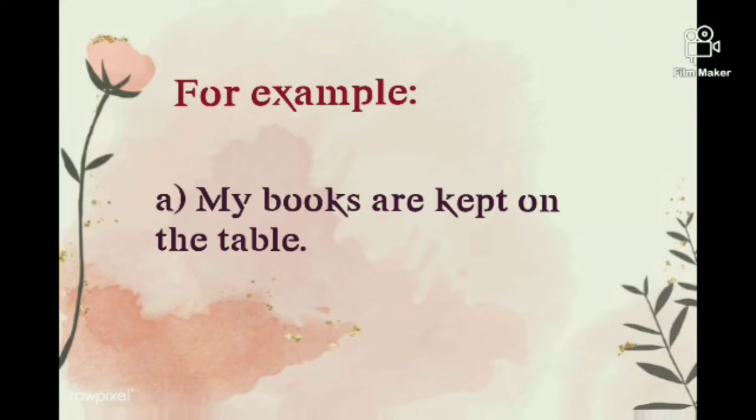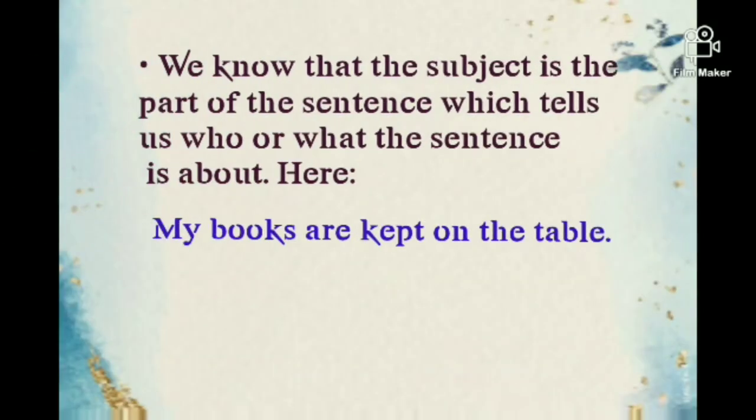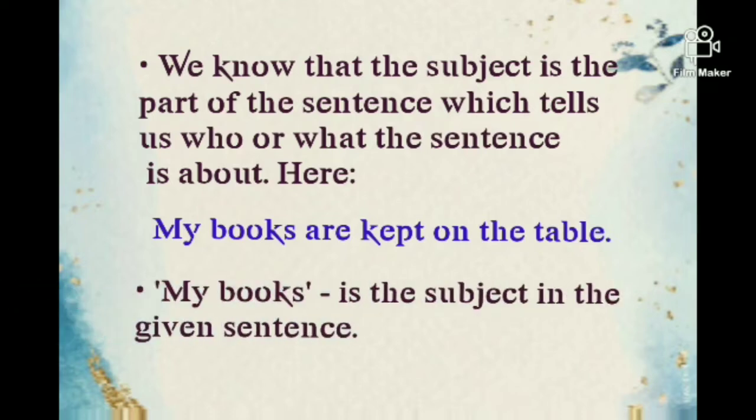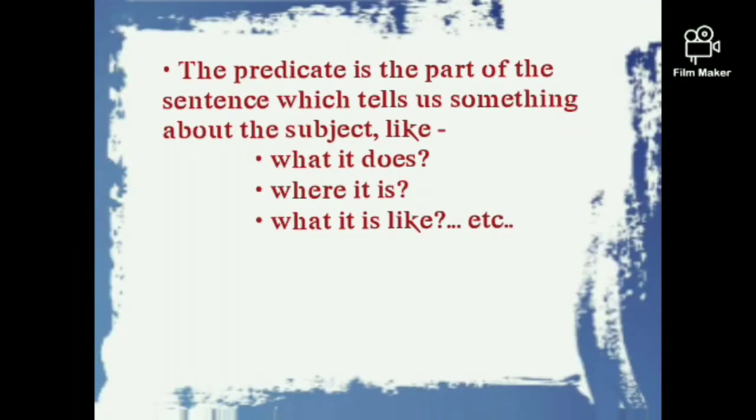Here, in this sentence, we are talking about the books. Since we know that a subject is who or what the sentence is about, here, my books is the subject. Now, let us see what's the predicate in the given sentence.